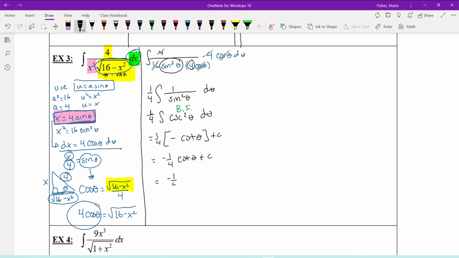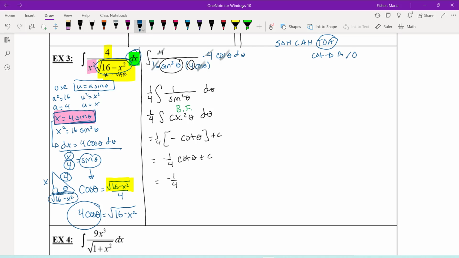Now get out of thetas and go back into x's. How do I do that? I go to the triangle. What is cotangent? Remember SOHCAHTOA. If tangent is opposite over adjacent, then cotangent is adjacent over opposite.